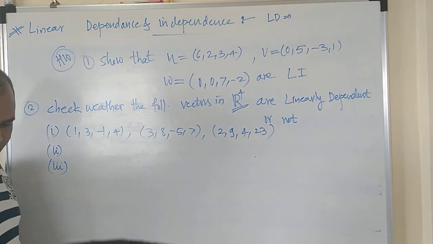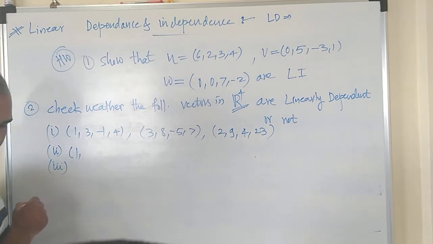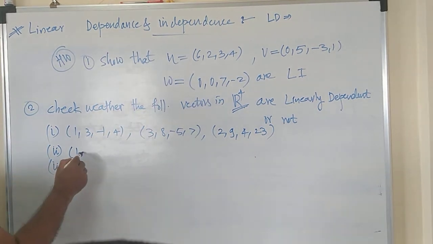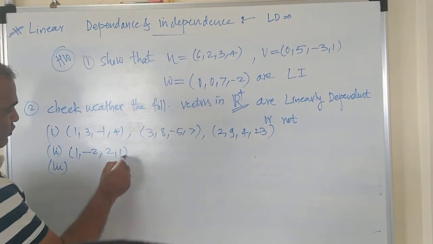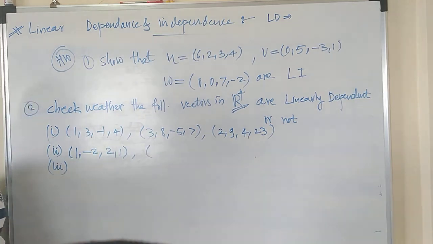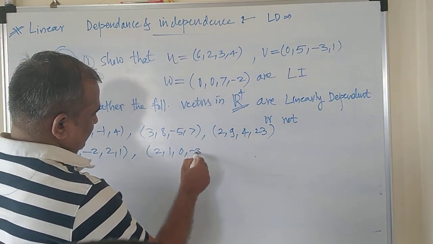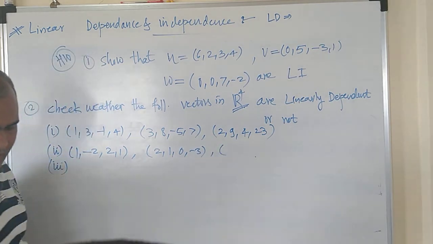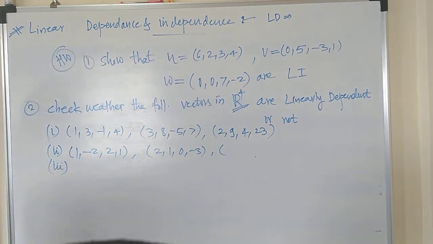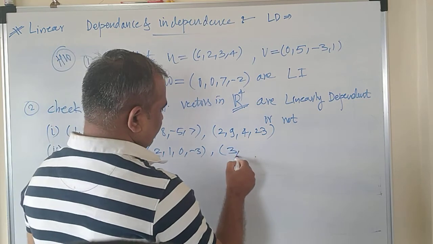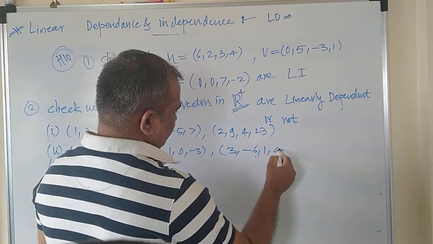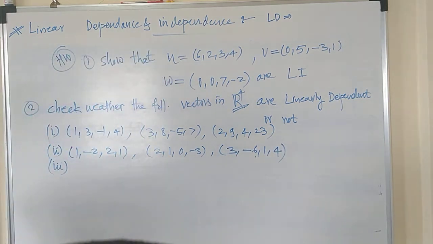Next is 1, minus 2, 2, 1. The second is 2, 1, 0, minus 3. And the third one is 3, minus 6, 1, 4.